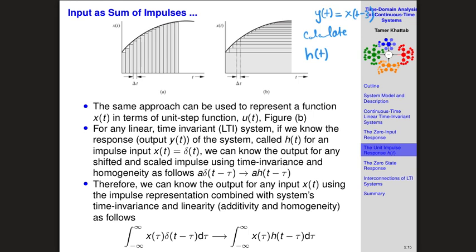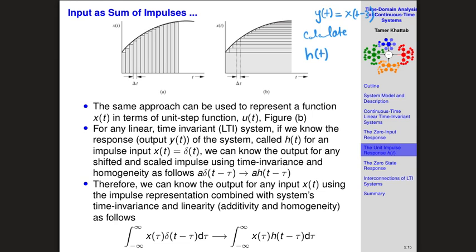We said that h of t is the output when the input is set to a delta function. Where is the input in that equation? It's x, right? So you have x of t minus 3, and in order to calculate the corresponding output, what do you need to do? Replace the input by a delta function.